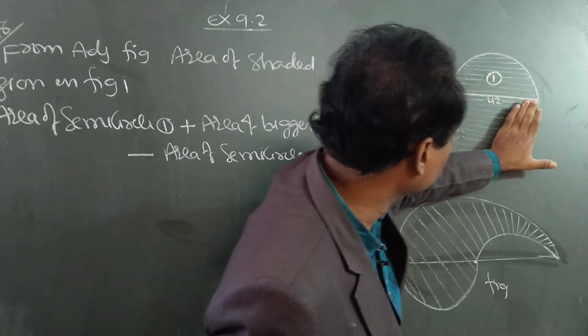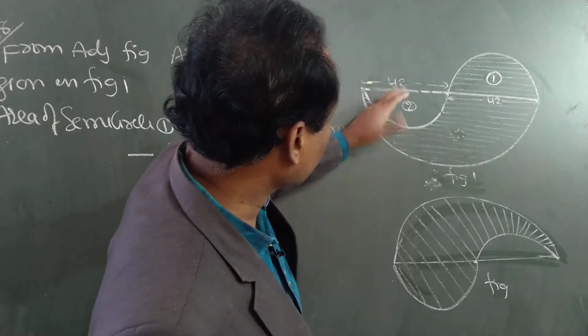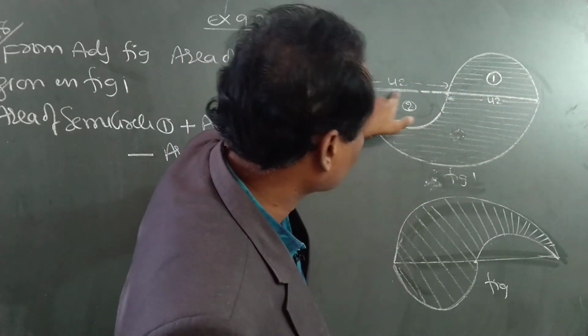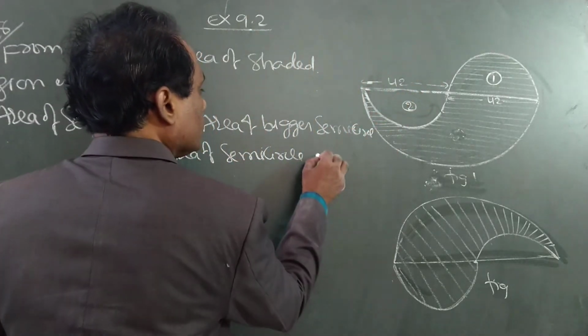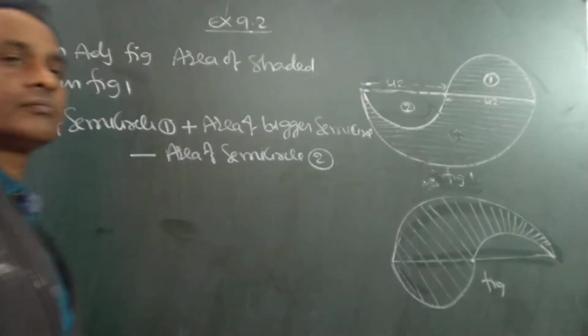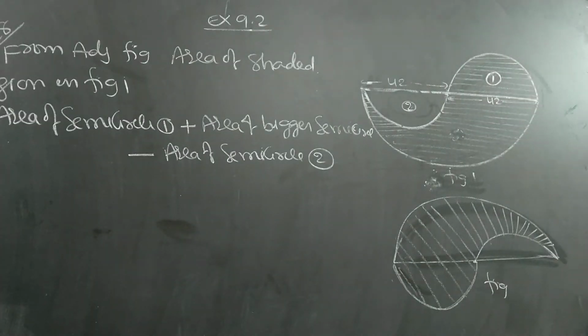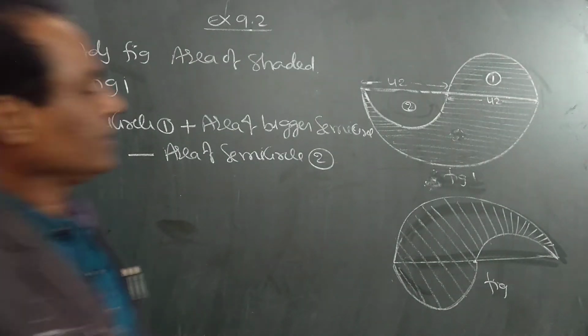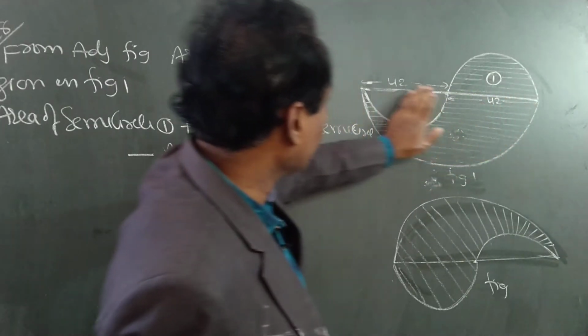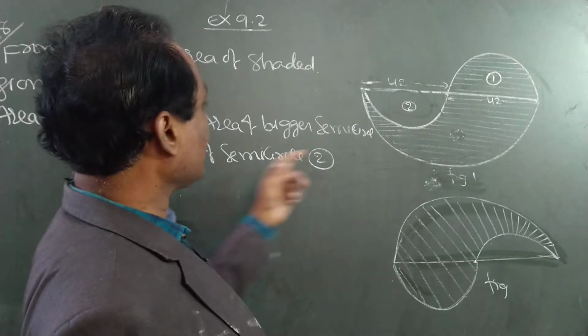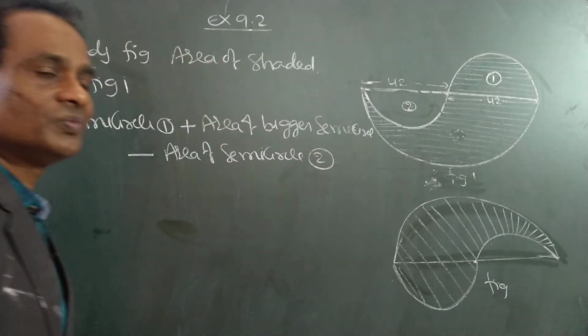But from that we have to remove this portion because this is not shaded, it is not included. So minus area of semicircle 2. That is the step. Area of semicircle 1 plus area of bigger semicircle minus area of semicircle 2.